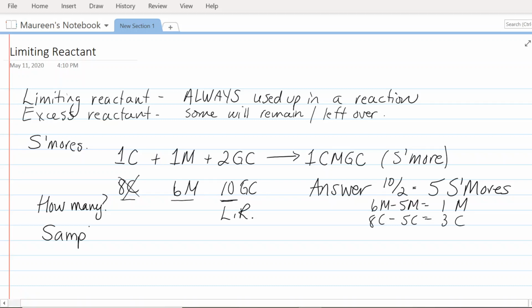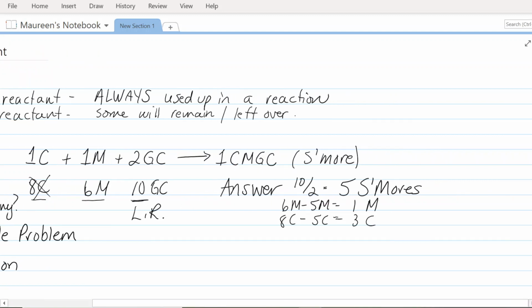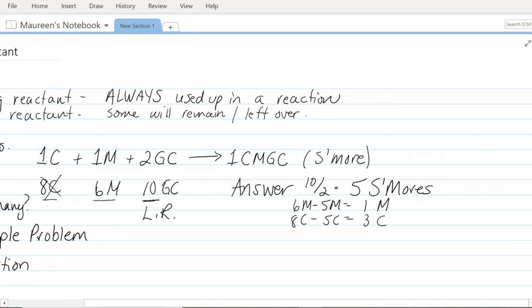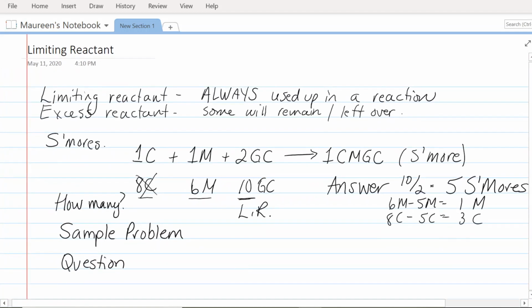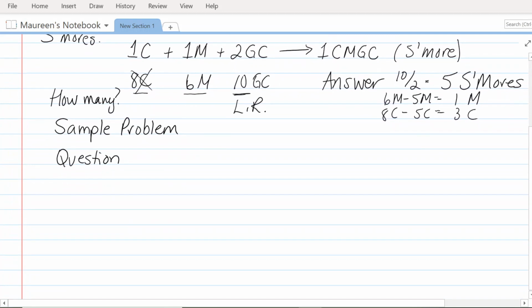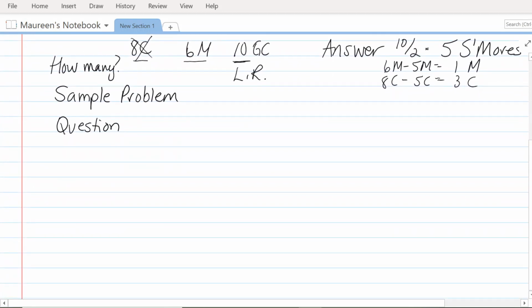All right, so our first sample problem. You'll see here that a lot of your previous knowledge has to come in play to do these questions. Sorry, something happened to the screen.